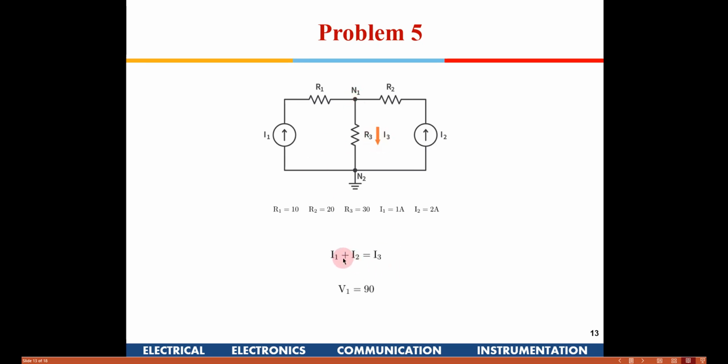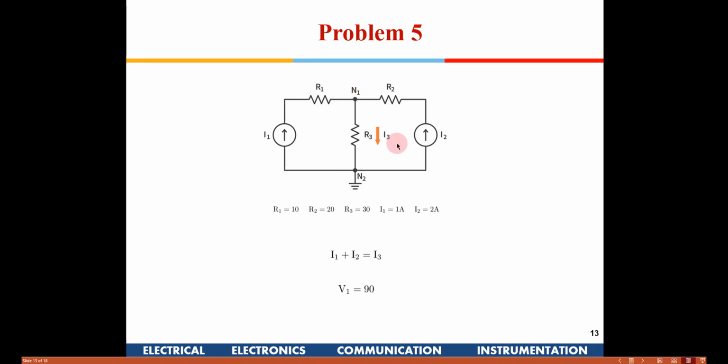The values of I1 and I2 are given, so the voltage out here will simply be I3 into R3. R3 is also given, and I3, if you add up these two, will be 3 amperes. So 3 amperes into 30 ohms resistance, you will get 90 volts. This is very simple, just to illustrate how a node analysis is done.